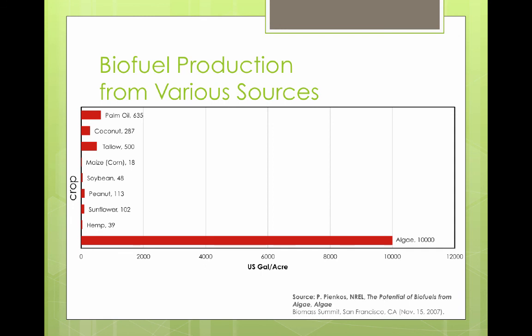In the case of corn, if you think about how a corn plant grows, the kernel where the oil sits is a small part of the whole corn plant. Most of that corn plant's energy is taken up by growing the stalk and the leaves and all of that. So algae is a great option because more of the energy used in growing it goes to making the oil, and the oil makes up a greater part of what we get from the algae.